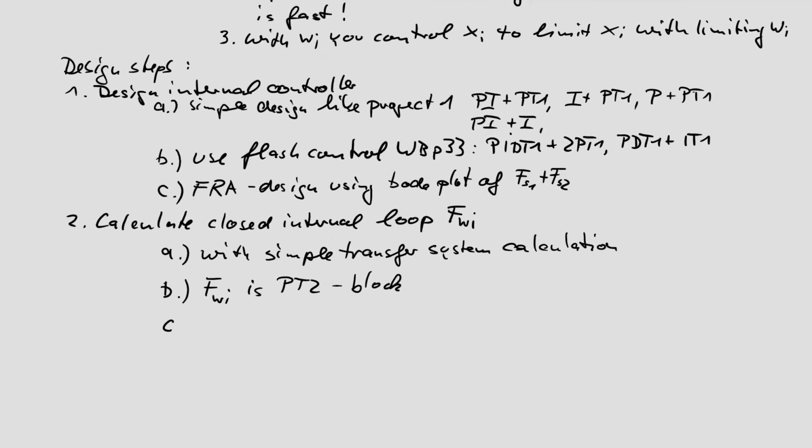In C, if the only way to design a controller is using FRA design, and you have only the Bode plots of the open loop, then you have to calculate Bode plot of closed loop of FWE using Nichols equations.